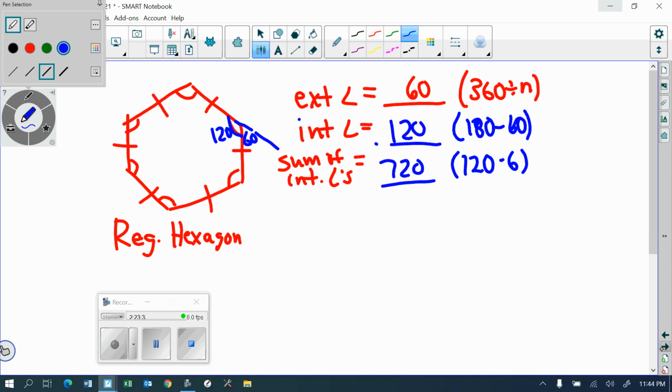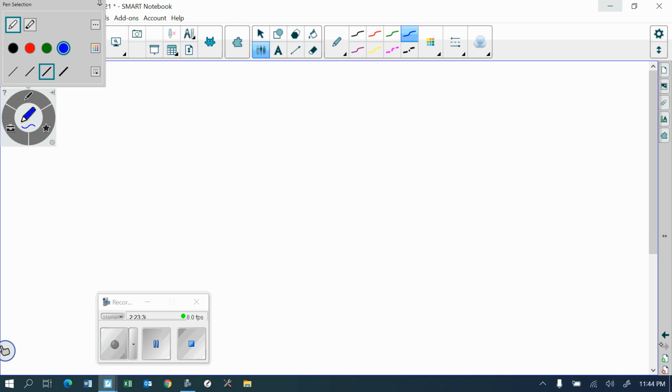How do I know what kind of triangle I have if I'm given side lengths? What type of triangle?